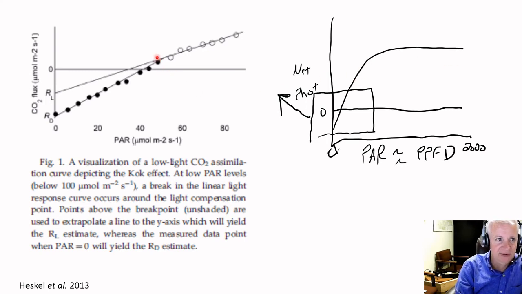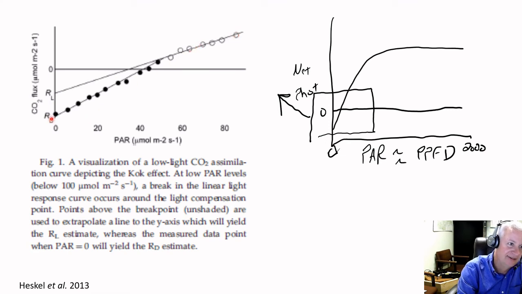But what they're pointing out is when you really zoom in, and if you measured at really fine increments of light increase, there's actually a point where, we always think about this part of the curve as being linear, but there's a point where the slope of that linear increase changes, which is really interesting. This really took very fine estimates of that light response curve. And what they found is that the slope changes. At really low light levels, the slope is like this. But at higher light levels, the slope is less.